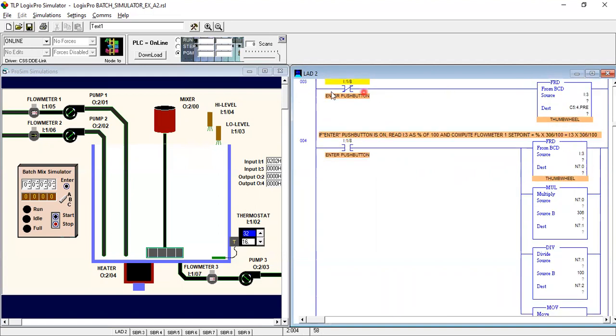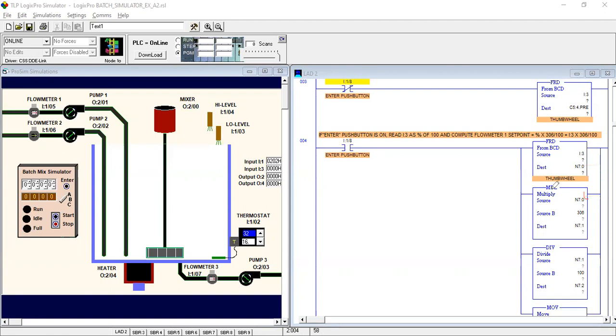This integer bit has the number, so it will be transferred to this instruction. If suppose we have the number 5 in this integer value, it will also show the 5. This addressing and this addressing are the same.